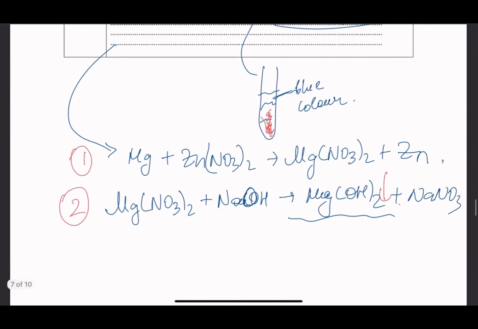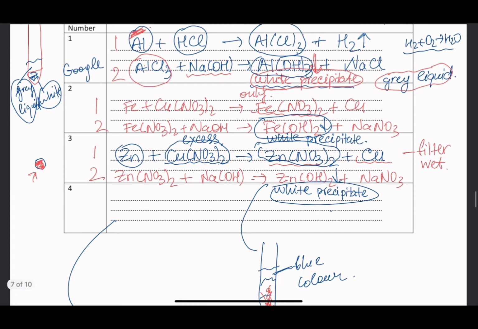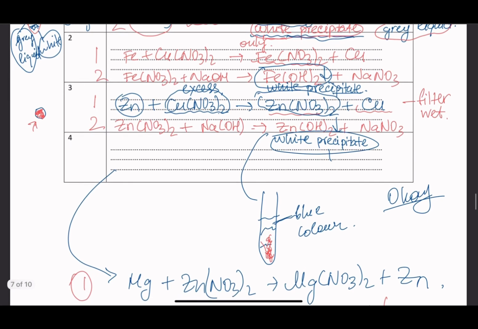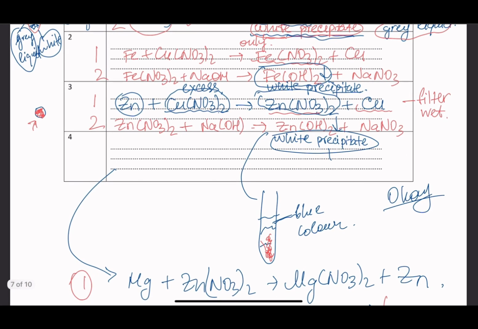We have white precipitate here, and white precipitate here. If there's white precipitate happening, that means everything is okay. Maybe some of the stuff is in excess, but still, if you get some kind of precipitation, things are okay.